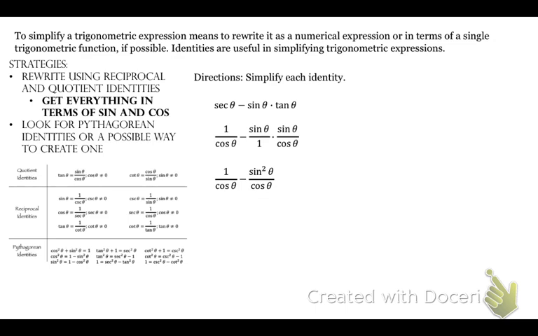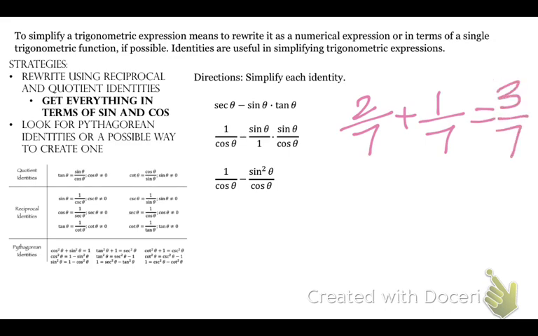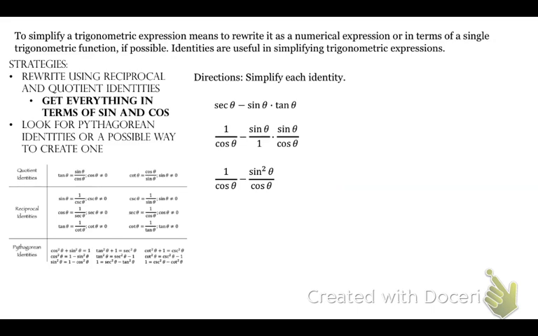Since we have a common denominator, remember if you had like 2/7 plus 1/7, we have that common denominator there, it would just be 3/7. This is the same idea, same exact thing. So here, that's just going to be 1 minus sine squared of theta over cosine. Well, 1 minus sine squared of theta, if we look down at our Pythagorean identities, that is cosine squared of theta.